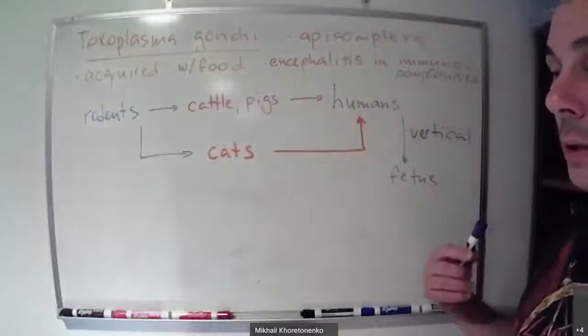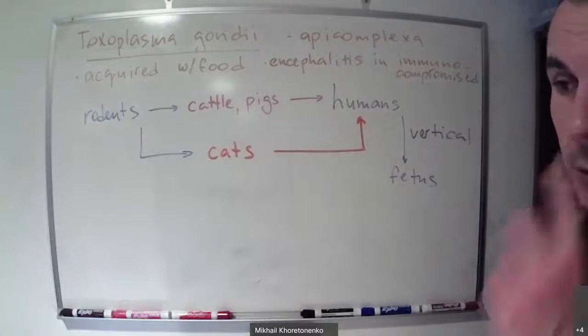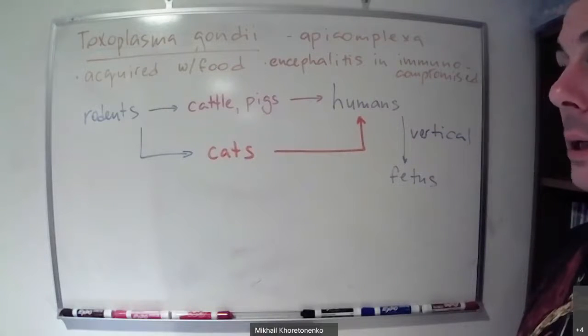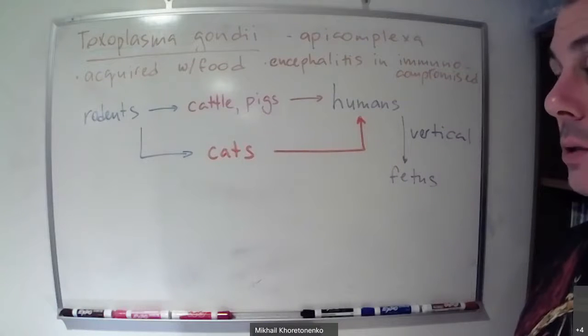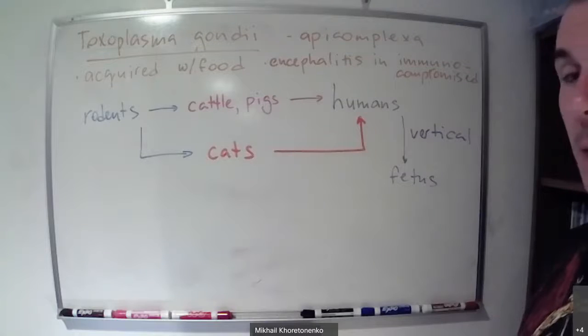A pregnant woman infected with Toxoplasma can give it to the fetus, and fetal toxoplasmosis is extremely severe. This is why pregnant women are advised to stay away from cats and litter boxes. Does that make sense?